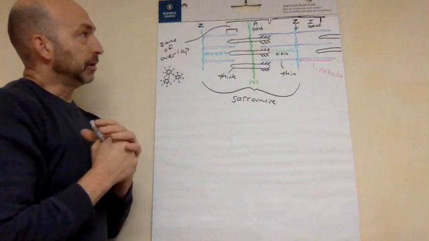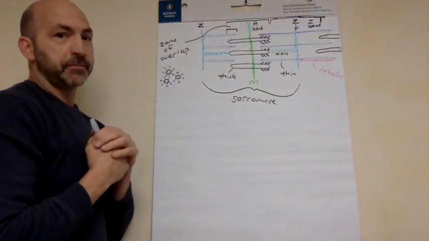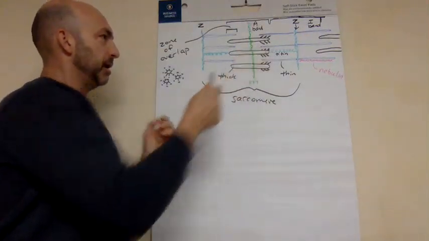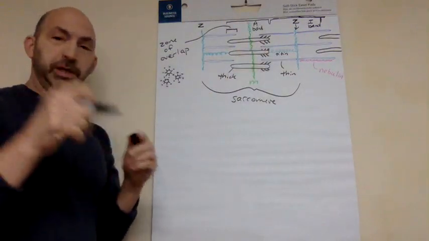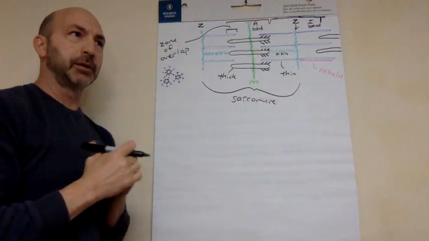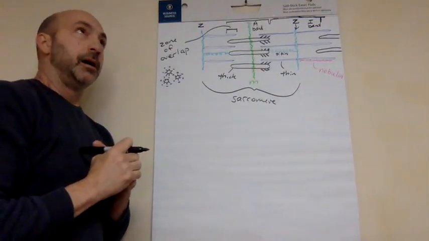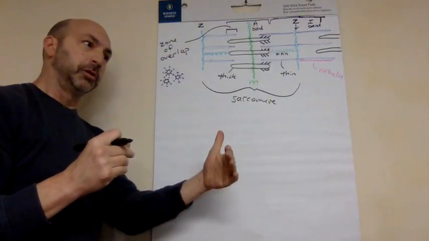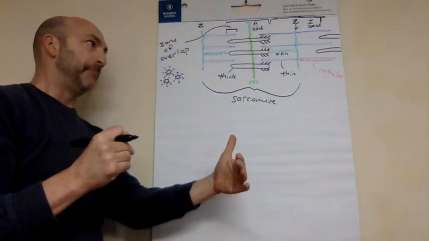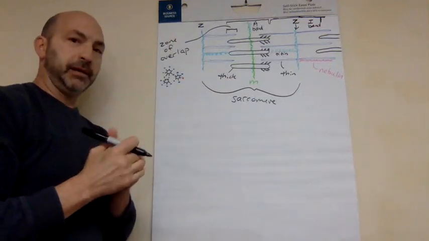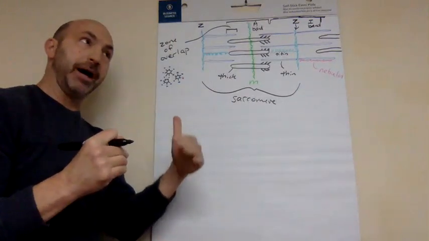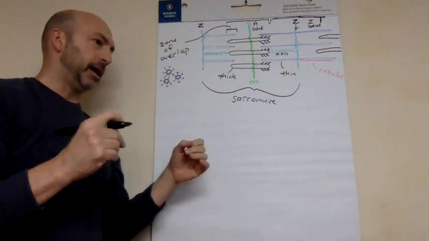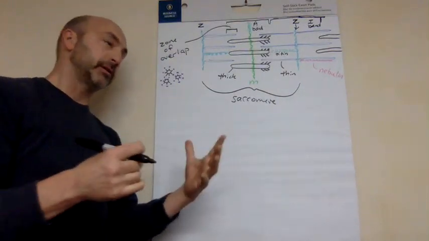Okay, let's look at the individual filaments, the important ones, the thick filament and the thin filament. So the thick filament is pretty easy. The thick filament is a polymer of myosin. Myosin is a single molecule protein strand, whereas the thick filament, which is essentially a myosin polymer, is made up of several hundred of these myosin monomer components.